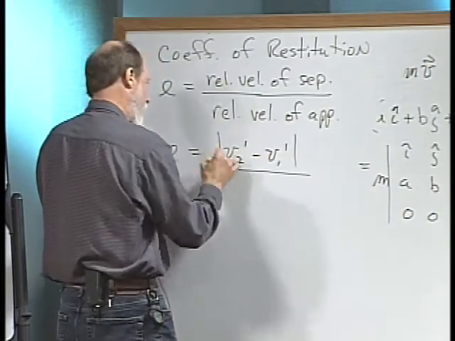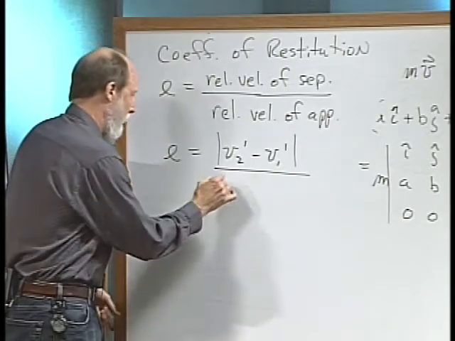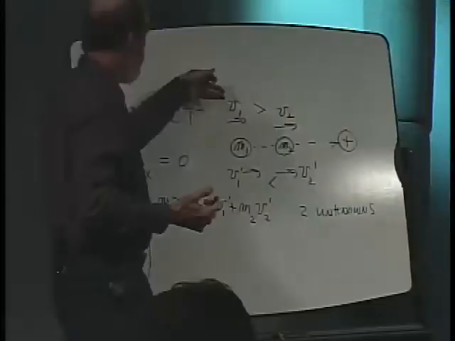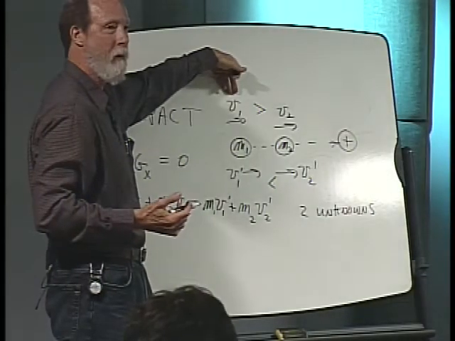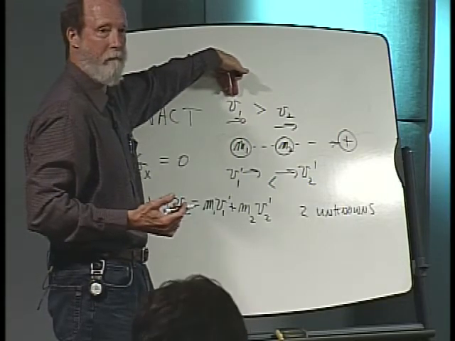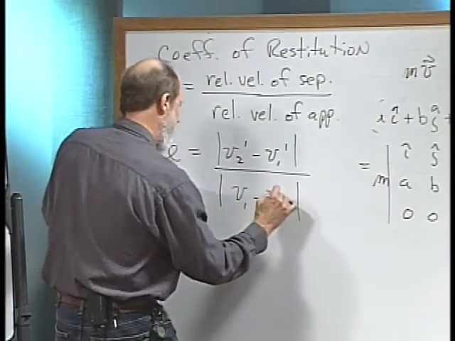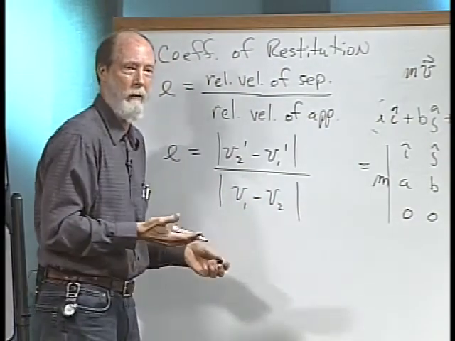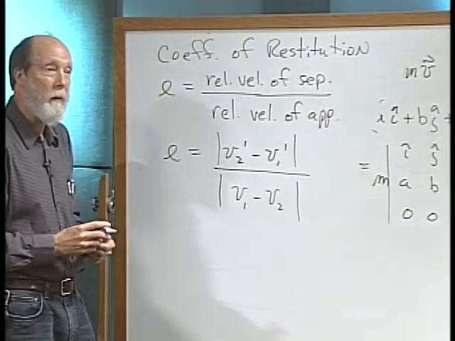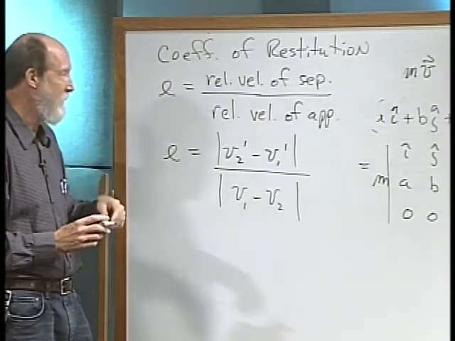Now, we can slap absolutes on that, and we'll do it in both cases. And then the relative velocity of approach over here. Again, the difference is between the two, isn't it? So v1 minus v2, or the other way around, your choice. Just make certain they're both the same. One's v2 minus v1, one's v1 minus v2.